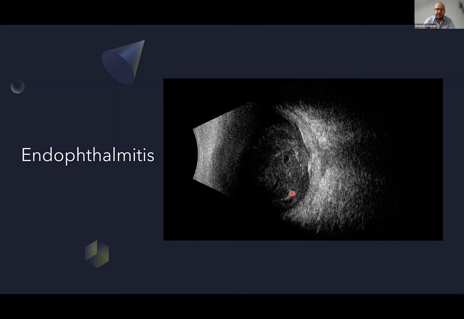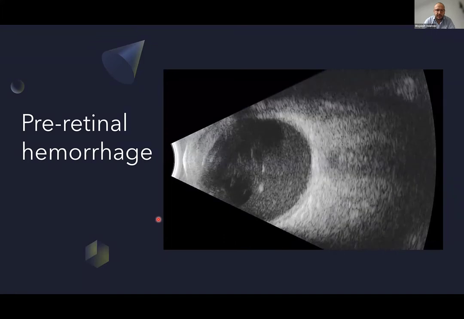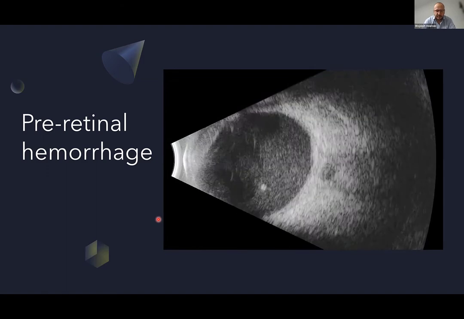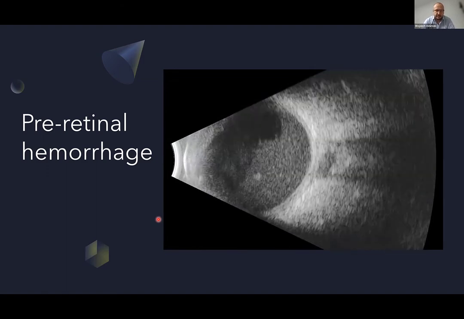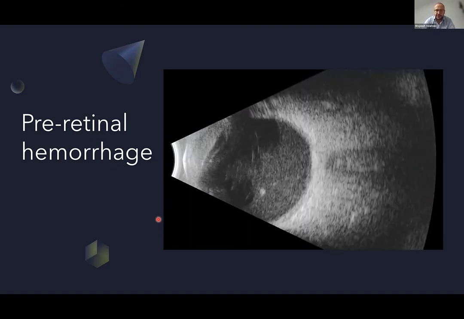So it might be hard, but the appearance of the retina and the choroid helps. So this is a patient with endophthalmitis, a lot of opacities in the vitreous, and also enlarged, widened retina and choroid. So that may help with diagnostic process. Hemorrhage located in the space between the retina and the vitreous body, and obviously ultrasound is the best way, or sometimes the only way, to diagnose that situation.